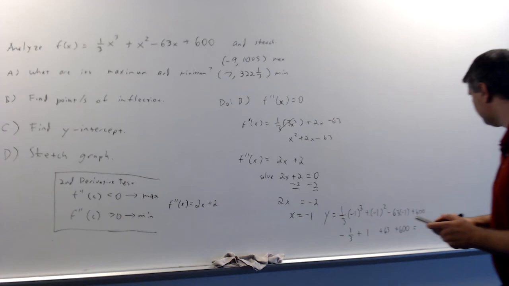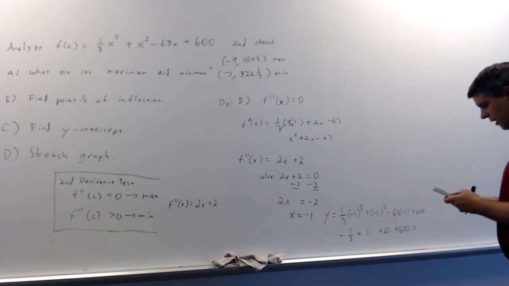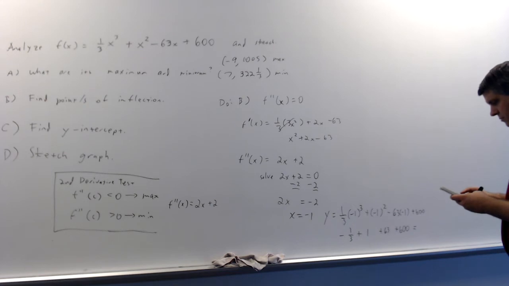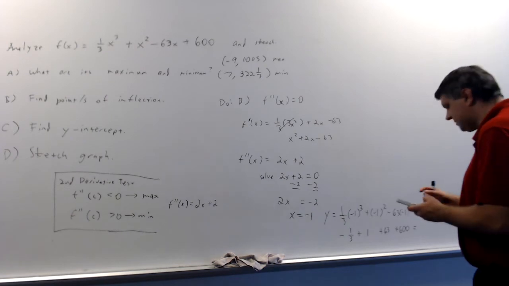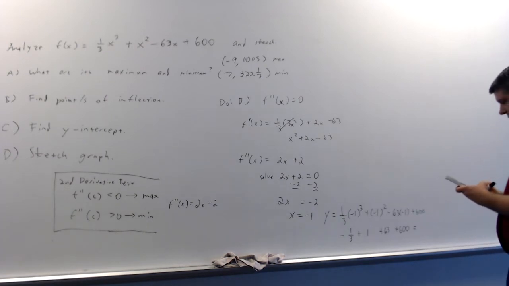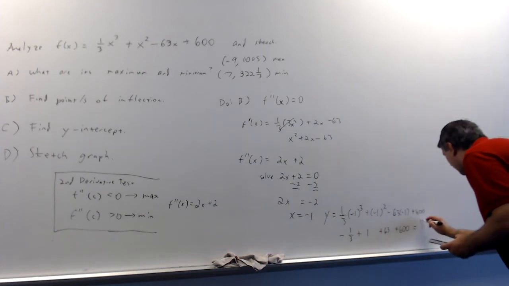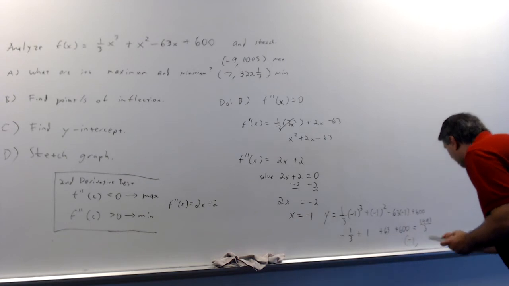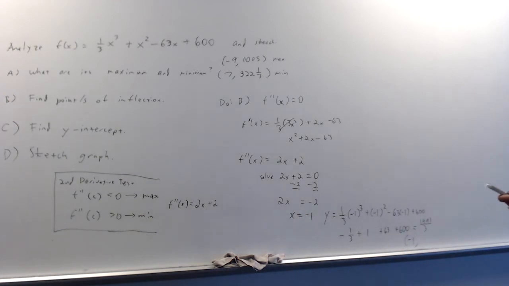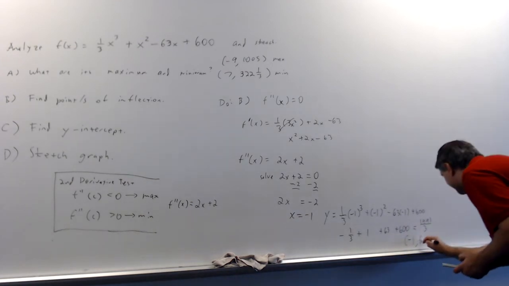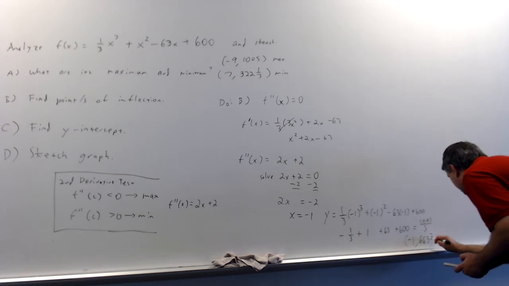So negative 1/3 plus 1 plus 63 plus 600 is 1991 thirds, which as a mixed number is 663 and 2/3.